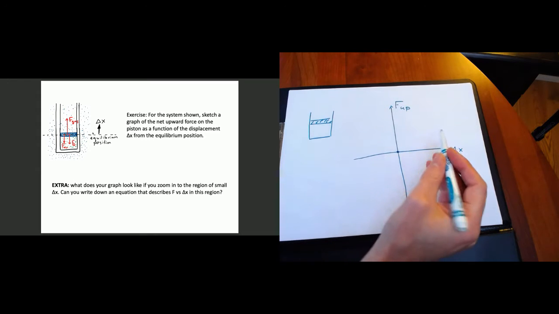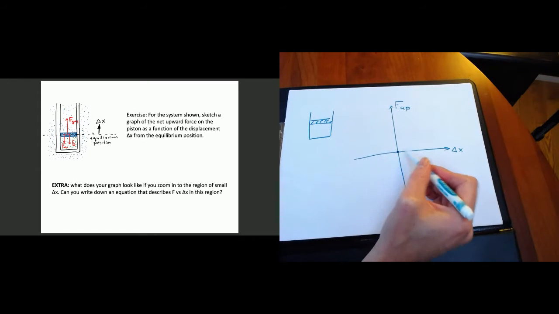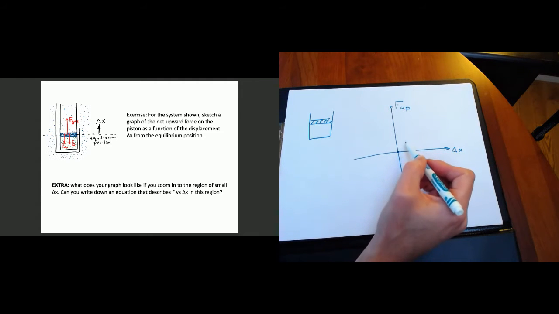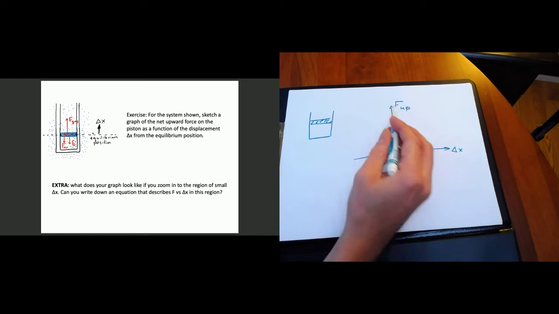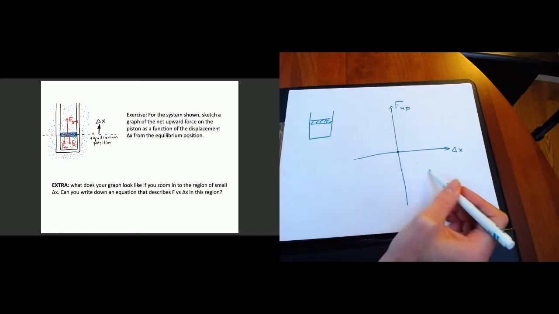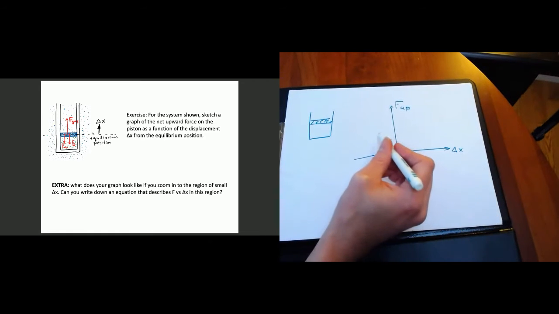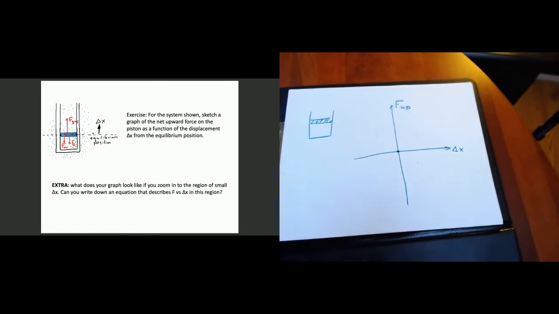Okay. And what we expect is that if you increase delta x, so you take delta x to be positive, in this case, the idea of a restoring force says that there should be some downward force. And so in terms of our upward force here, this is going to be a negative value as delta x gets positive. And as delta x gets negative, then we should expect a positive value.